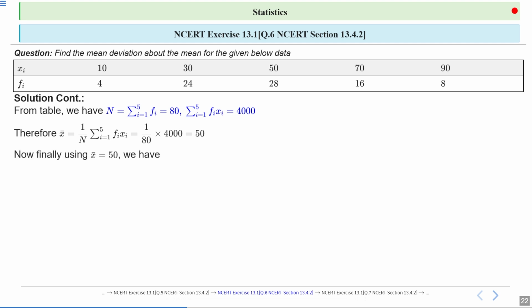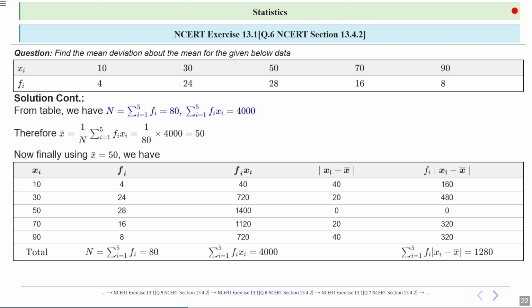Next, we will use this mean value x bar equal to 50 to calculate the mean deviation. We will need to find the absolute difference between each data point xi and the mean, and then multiply by the corresponding frequency. So look at this table. Here the first column is xi, the data values. The second column is fi, the frequencies.